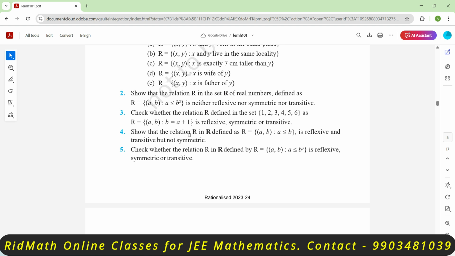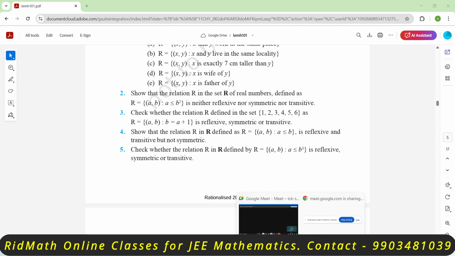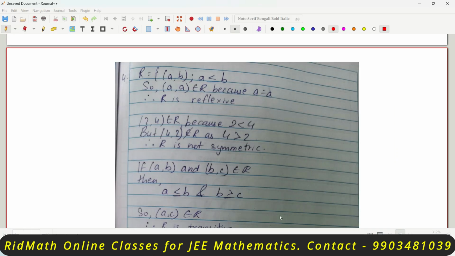Show that the relation R in the set of real numbers, given by (a, b) such that a is less than or equal to b, is reflexive, transitive, but not symmetric. I'm showing how to write it.